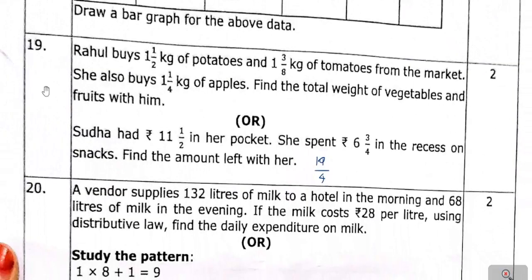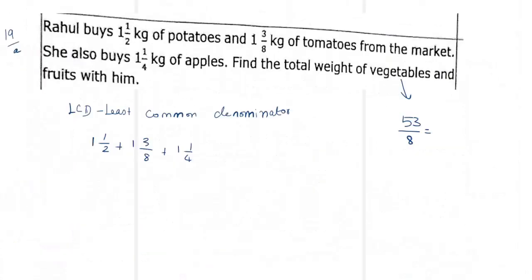The next question, 19th question. Rahul buys 1.5 kg of potato and 3/8 kg of tomato from the market. She also buys 1/4 kg of apples. Find the total weight of the vegetables and fruits with him. So this can be done just by summing 3 values. These are the values listed here: 1 1/2 kg plus 1 3/8 plus 1 1/4. So this is in the format of a mixed fraction.